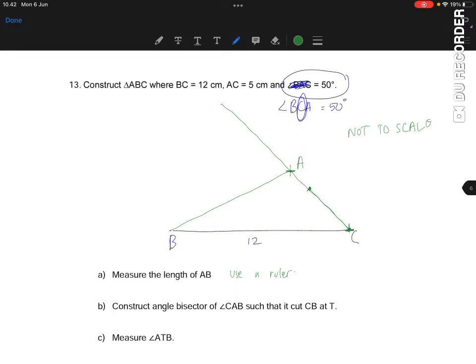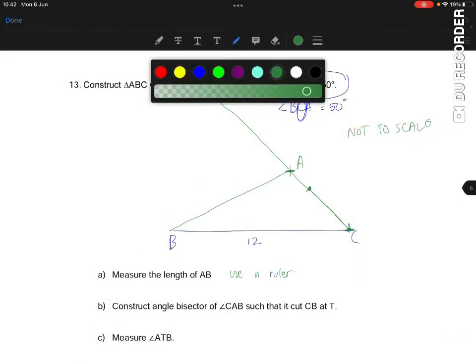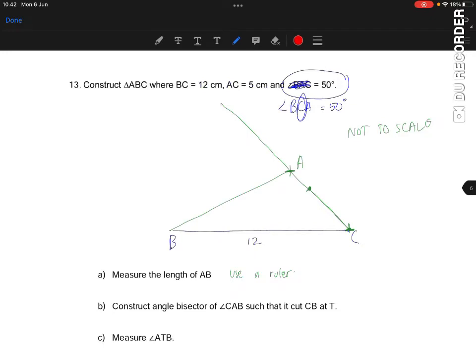You need to make an angle bisector. I'm going to use the red color here. At first, I need you to take your compass. In the compass, you will have two legs here, right?